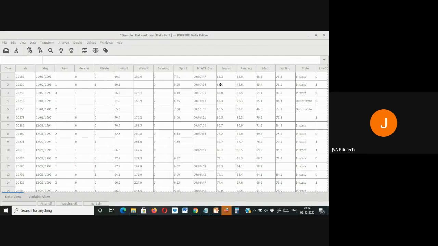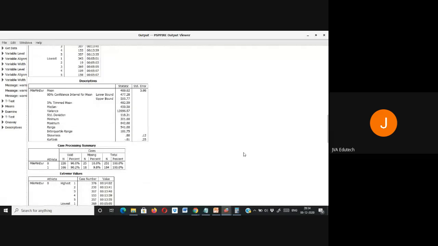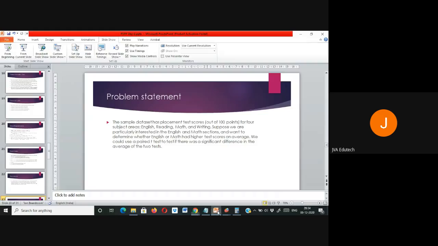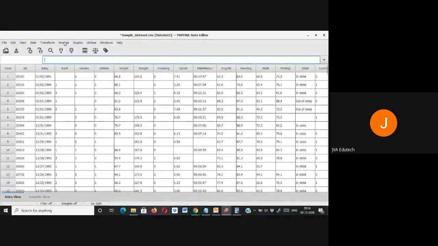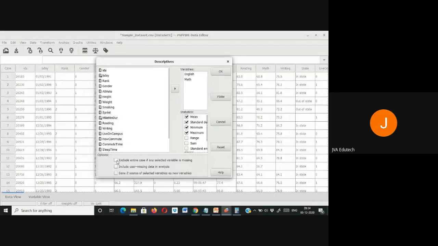Somewhere missing variables are also there. Sorry. So go to analyze, descriptive statistics, descriptives. Yes, select include entire case if any selected variable is missing. Okay.